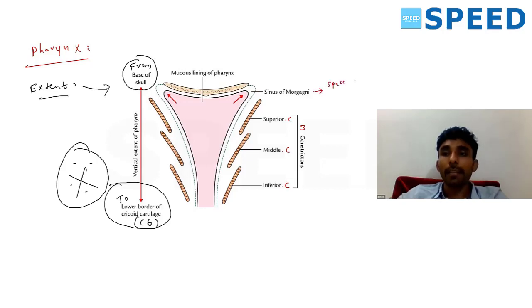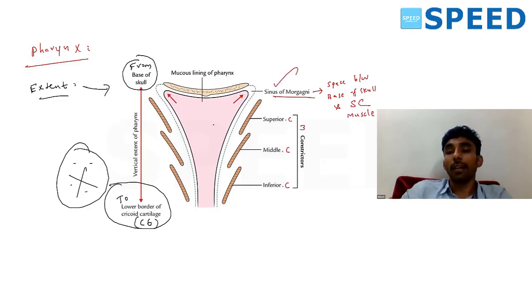It is the space or gap between the base of the skull and superior constrictor muscle. So sinus of Morgagne is the gap or space between base of skull and superior constrictor muscle.